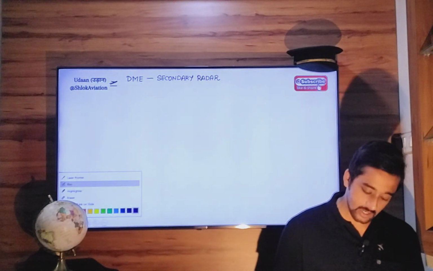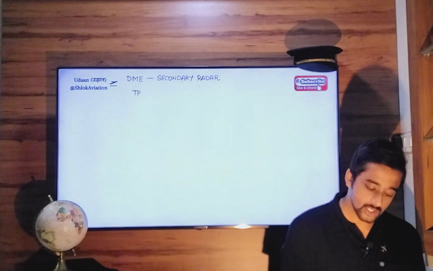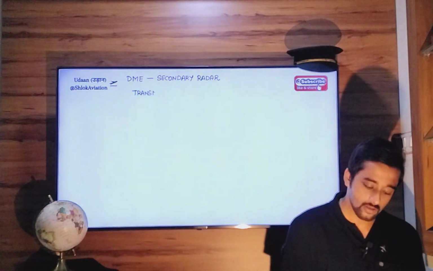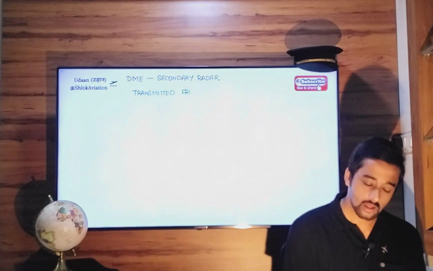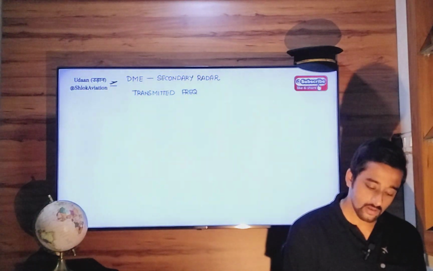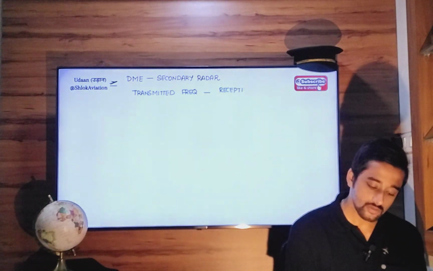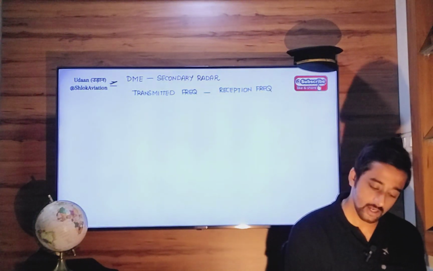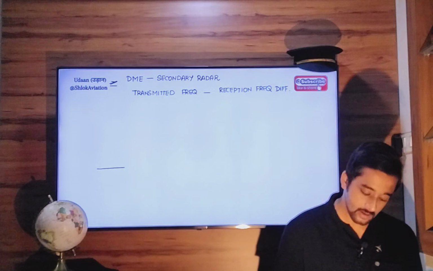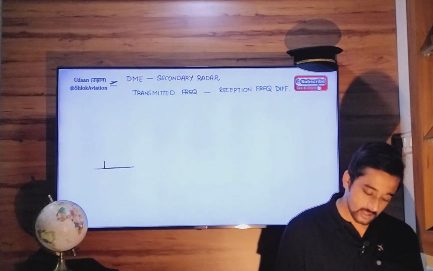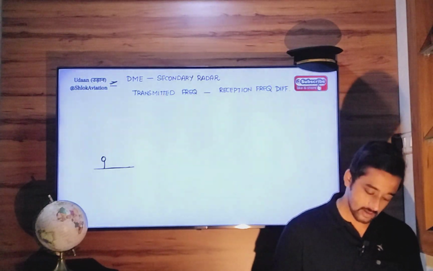Transmitted frequency and reception frequencies are going to be different. Okay, different. So for example, let's say this is your secondary radar on the ground.